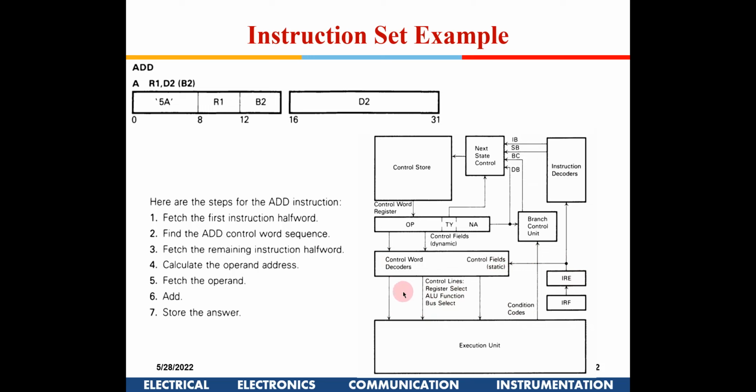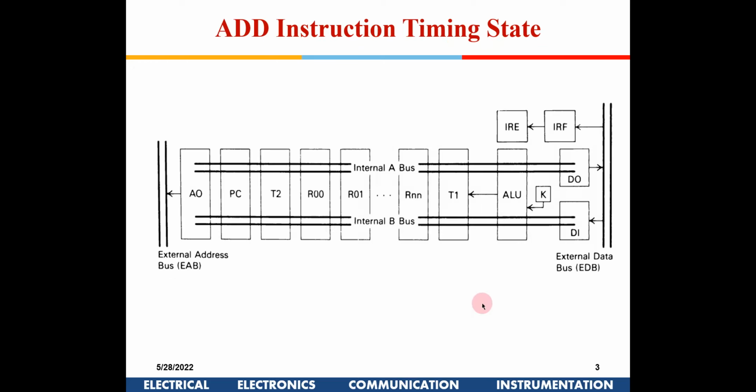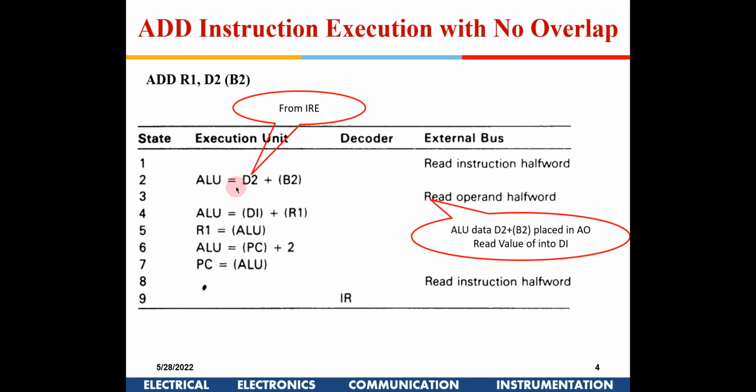So the control word just tells that it is a register and displacement addition, that much. Which register and what data is to be added comes from the IRE directly, as shown here. Once this comes from the IRE, the contents of the base register are added to D2 in the ALU. Once this action is done, the new address is computed.